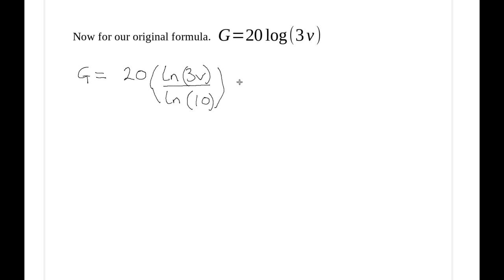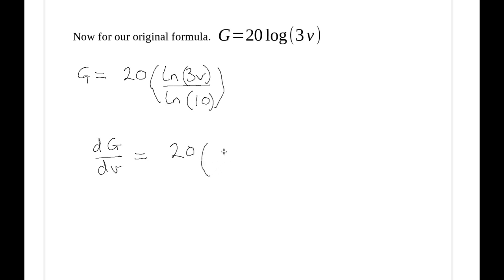Okay, so as we know from our previous example, this 3 will disappear when we do the derivative of it, and this will come out front. So what we've got, dg dv, so the derivative of that, I'll leave the 20 outside in the brackets.